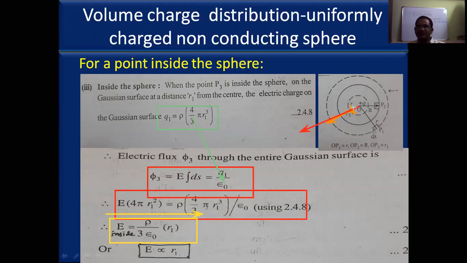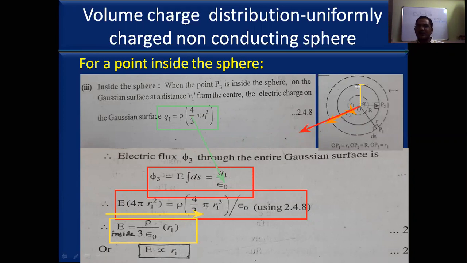As we move from the center to the surface, E increases linearly, E directly proportional to R1. Therefore the field strength will be maximum on the surface of the non-conducting sphere.